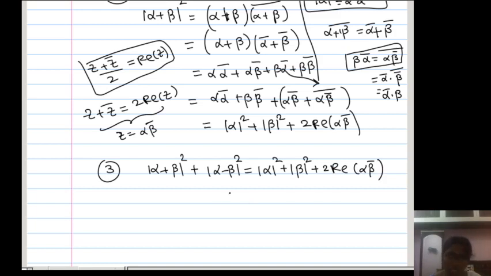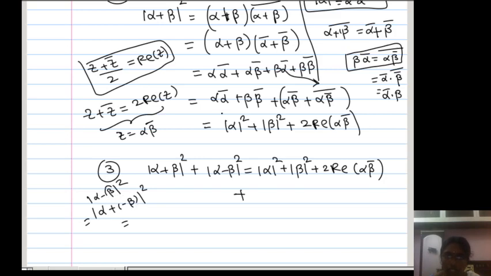Next plus, same here, observe: in |α−β|², replace β by −β. The same formula you can apply. Writing α minus β whole square is equivalent to α plus into minus. So replace β by −β.